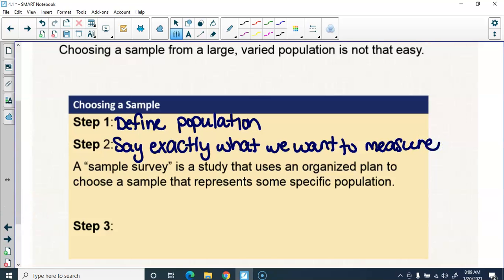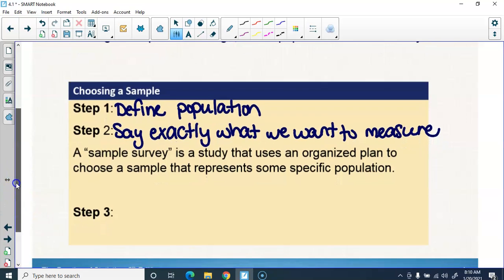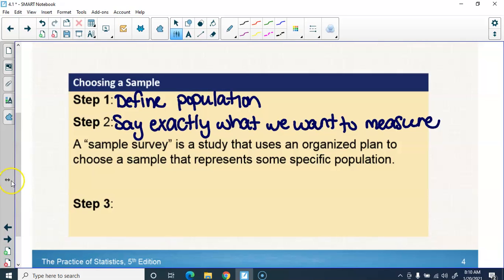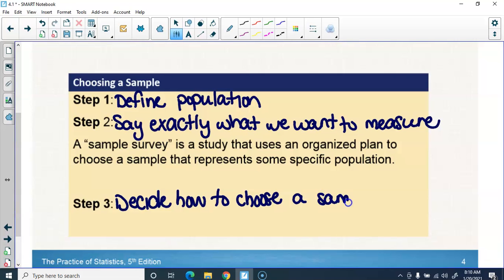A sample survey is a study that uses an organized plan to choose a sample that represents some specific population. So what we're going to do in step 3 is decide how we are going to choose a sample from the population. There are a lot of ways to do this. So let's talk about a few of those ways.